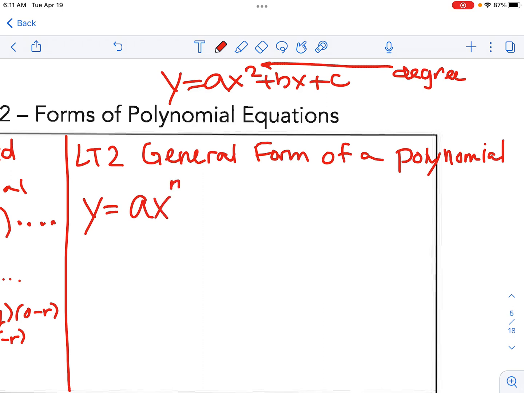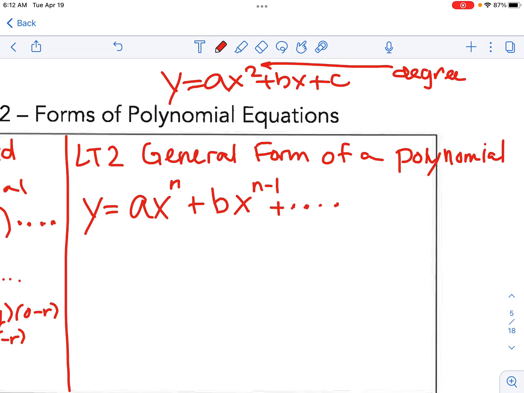So we don't know what that is, so we just call it ax to the n power, which means our next term has a power that's smaller than this, at least by 1. So the next term is bx to the n minus 1. And then we reserve c for that constant.